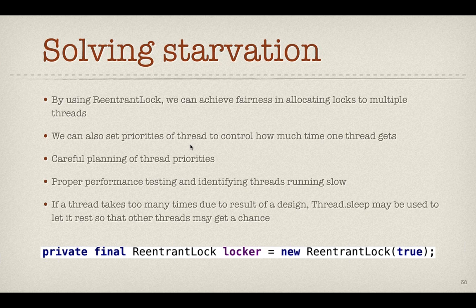Some threads may not get the opportunity to get executed, since they are generally given a chance in random fashion. When we are using the ReentrantLock object, if we create it with a true parameter in the constructor, earlier we created it without the true, this true will ensure fairness between the locks.